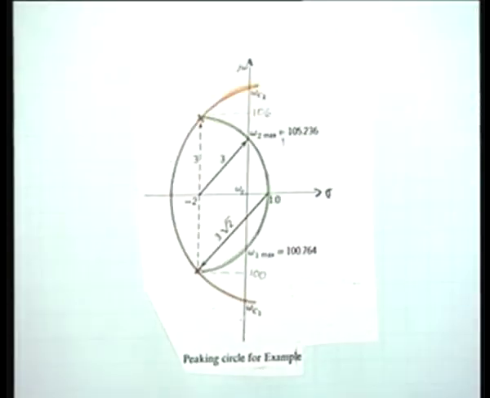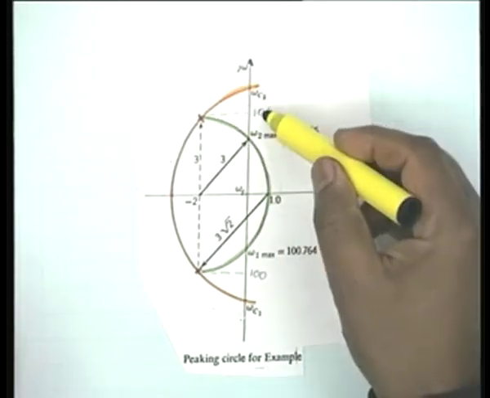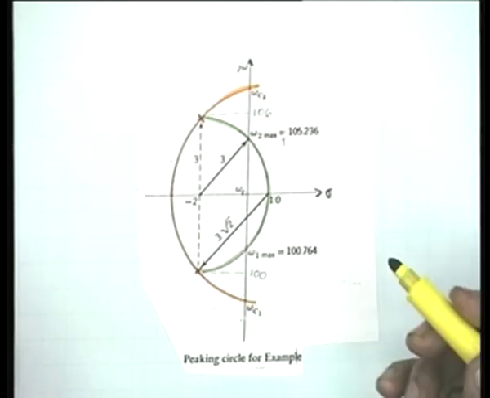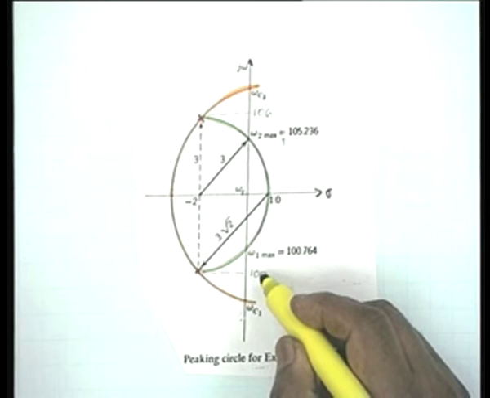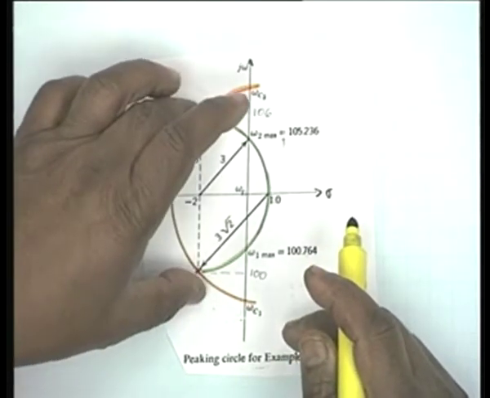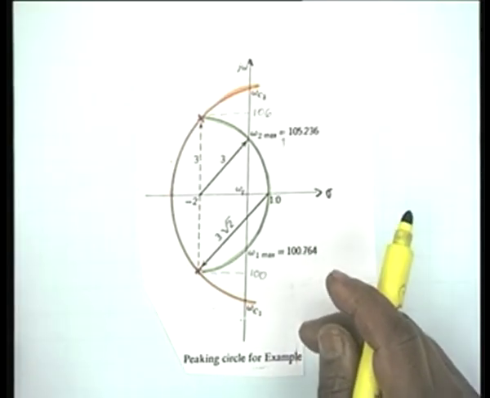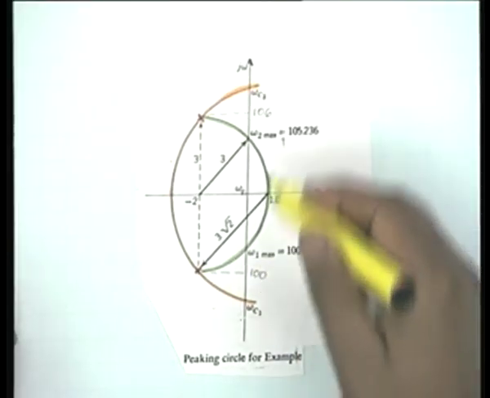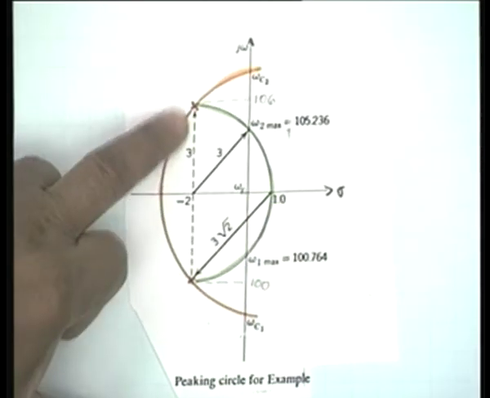This is omega n, this is 106, this is 100, you understand why? These are the two poles. We are zooming on the two poles on the upper half of the s plane, 100 and 106, and this is omega n, 103. So, the poles are here.